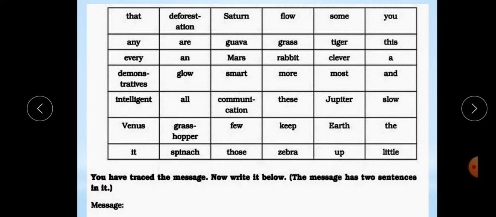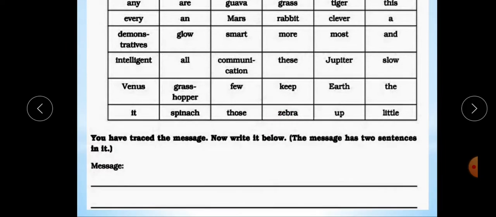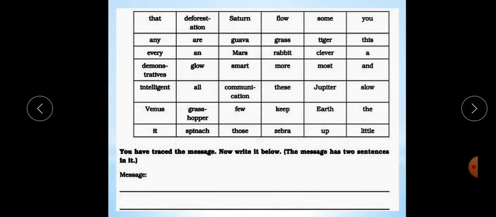And you are intelligent. Like this, the sentence should be there, and you have to write down your message. Okay, you have to write down your message here in these two sentences. And what's the message, maybe, students? You are most intelligent and smart. So write down your message here.